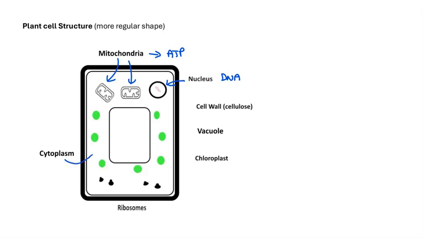The cytoplasm is labeled, where many of the more detailed and specialized aspects of cell chemistry take place that we probably won't cover on this course. And of course, there are ribosomes here, which are involved in the synthesis of proteins.